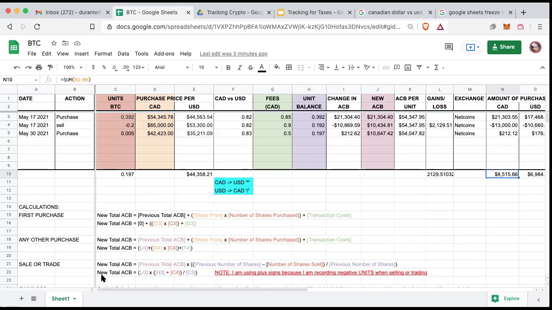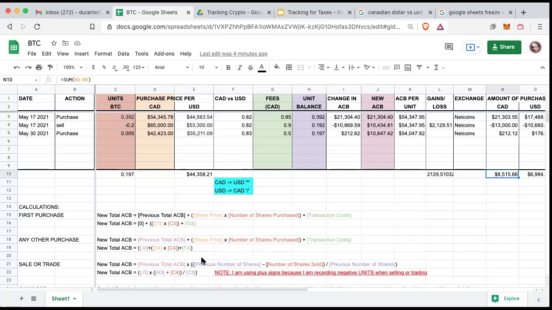And to summarize it, the new total ACB is equal to whatever's in J3, multiplied by the H3 plus C4, those were in brackets, divided by whatever's in C3, and we close the brackets up so they all balance out.